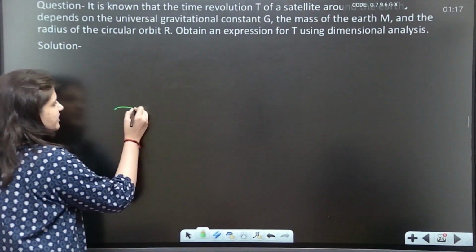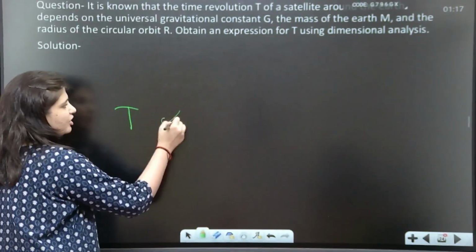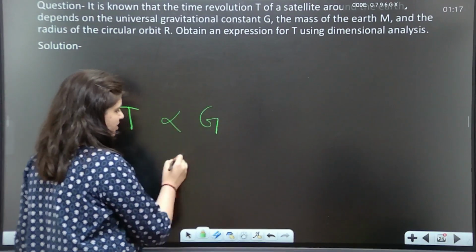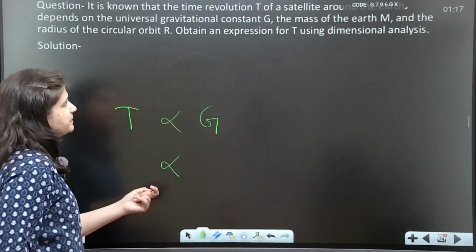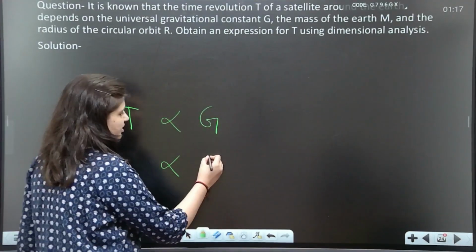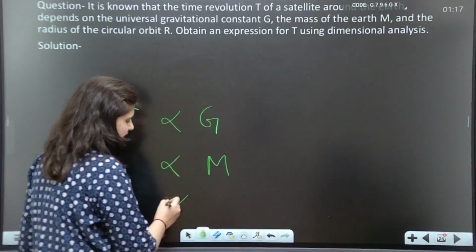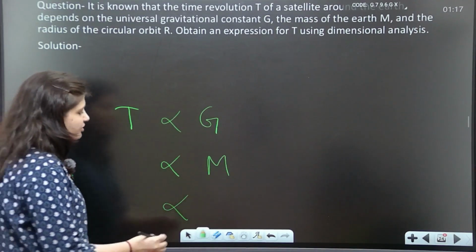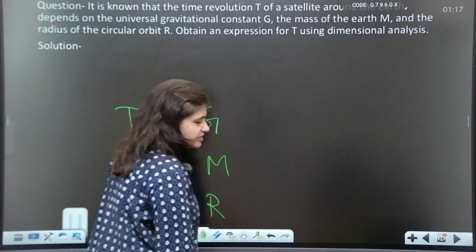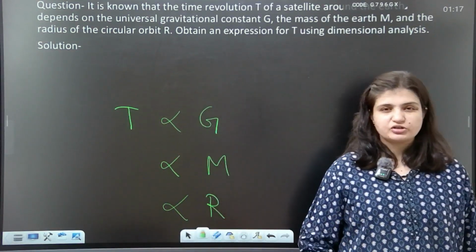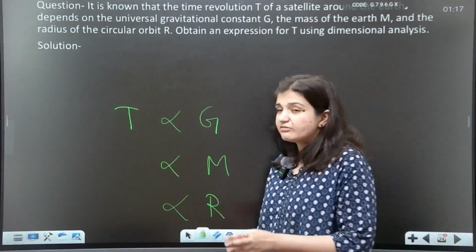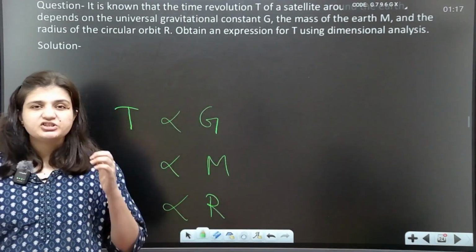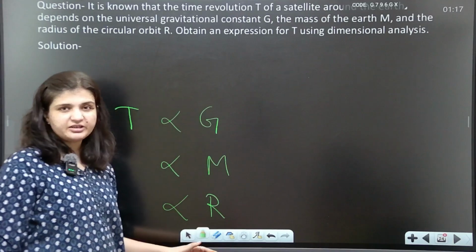So if we look into it, the time of revolution is dependent on G, on the mass, and on the radius. So the time period to complete a certain revolution depends on G, mass and radius.